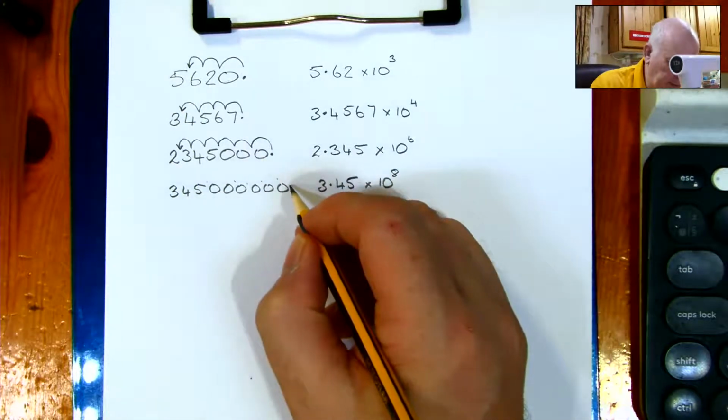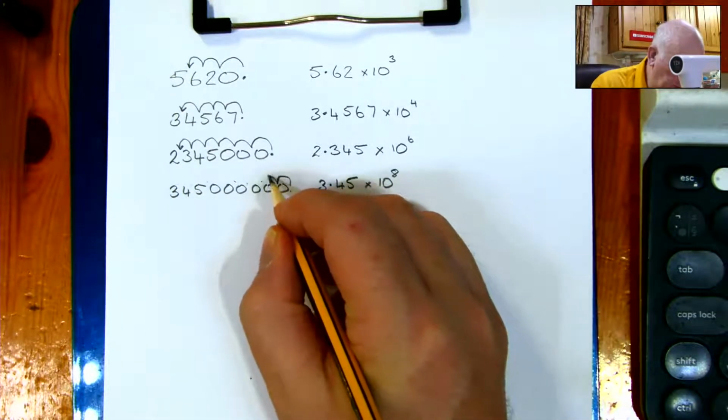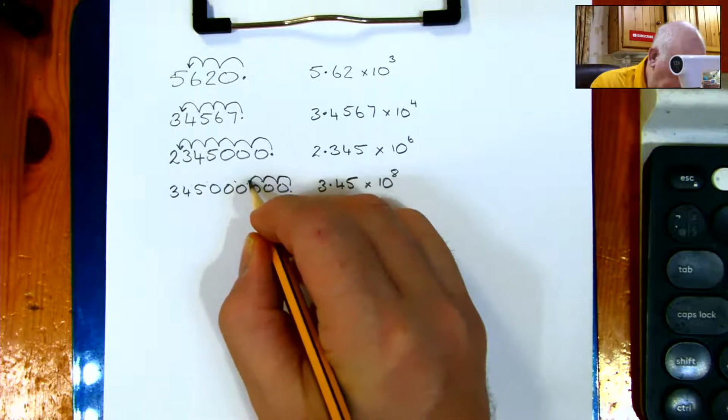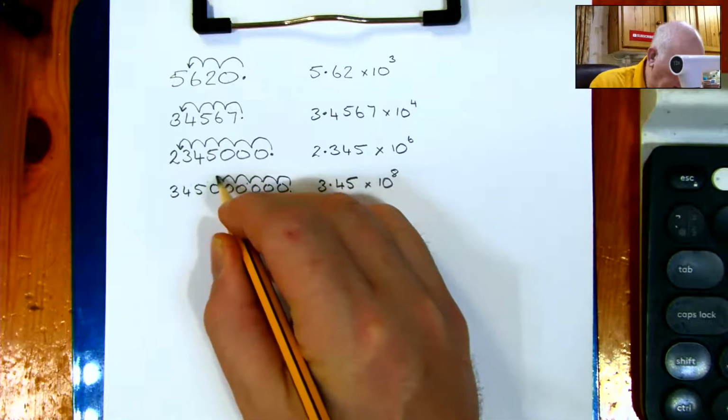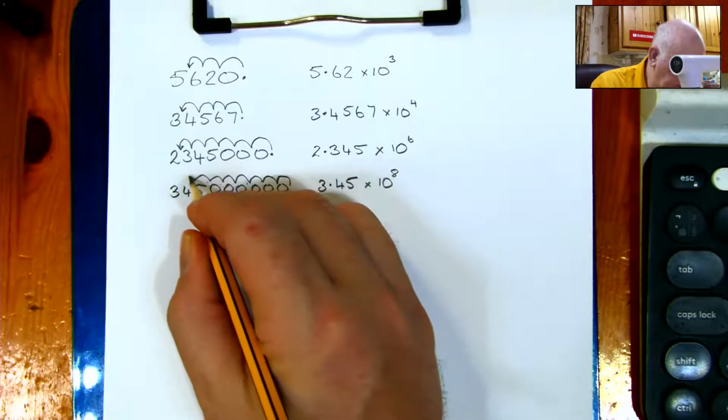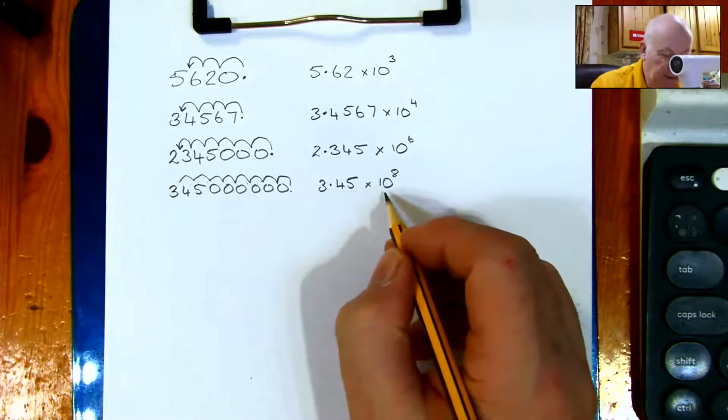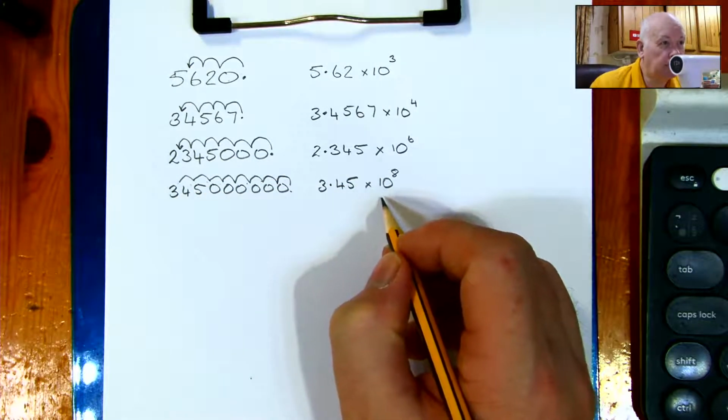Personally, I find it easier to put the hoops in over the top, but you don't need to. There's no need to do that. And it gives us our number.